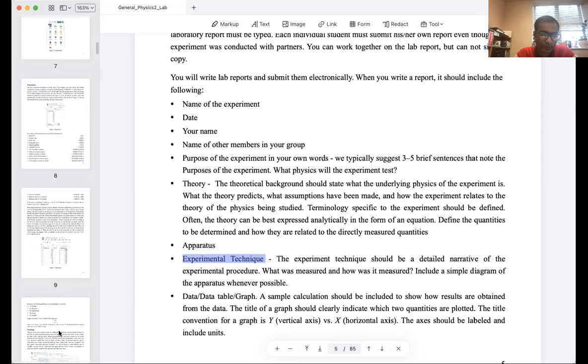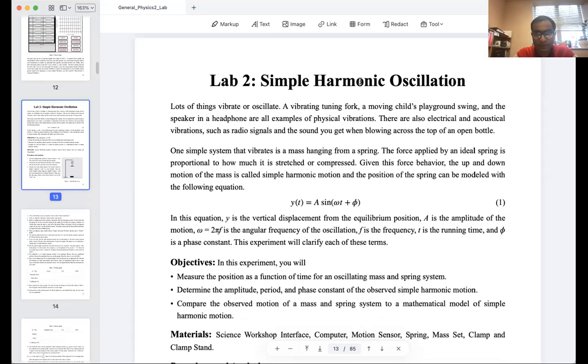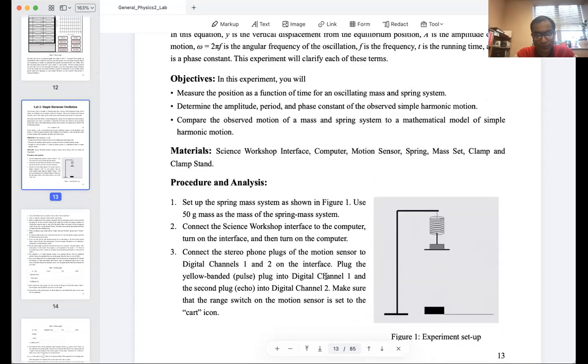For example, the second lab is on simple harmonic oscillation. The experimental technique is not the procedure and analysis. The experimental technique is how you performed the experiment, what you have done in the experiment.